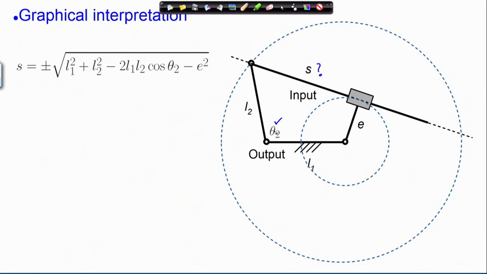If theta 2 is specified, you can very easily see that this is fixed. This was the hinge P and this was Q. So, P is fixed at this point. What we have to find out is S. How do we do that?